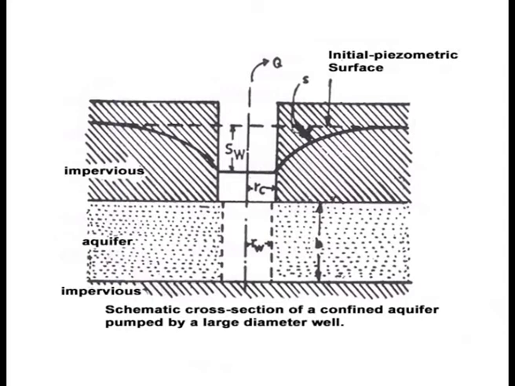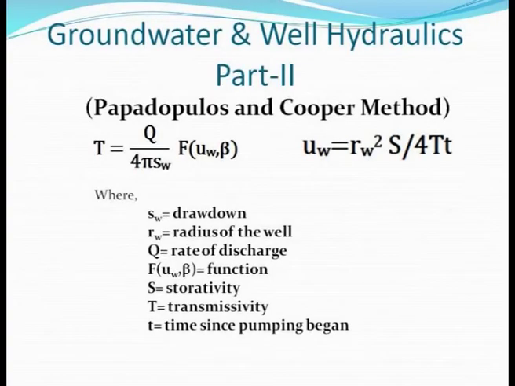If you pump a well, determine the drawdown data, plot it on log paper and compare it by curve matching technique with these, you will get T and S from this method. So this method is T equal to Q upon 4 pi s W, F(u_w, beta), which is just similar to the Theis method.